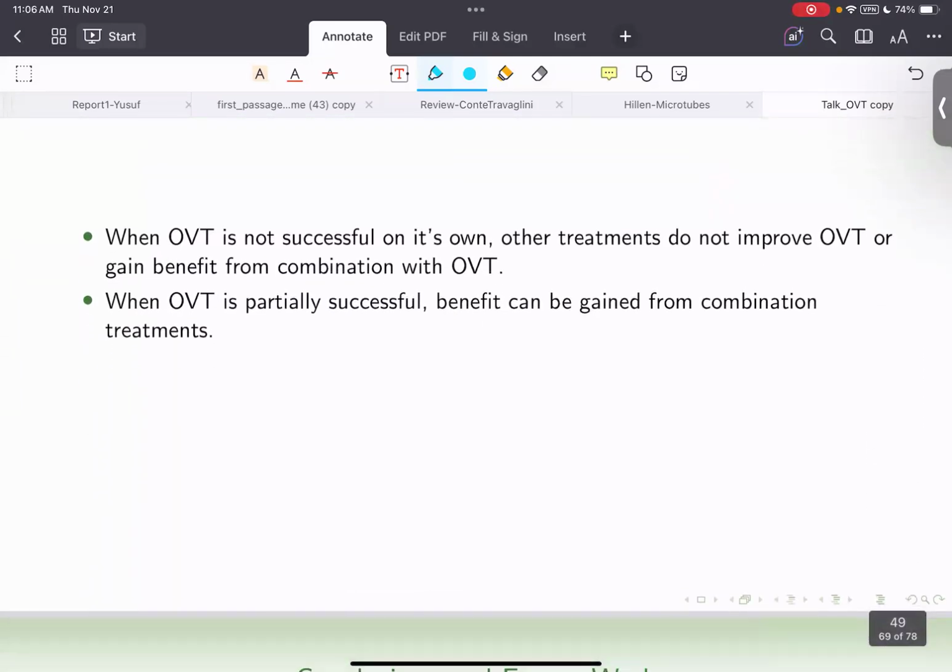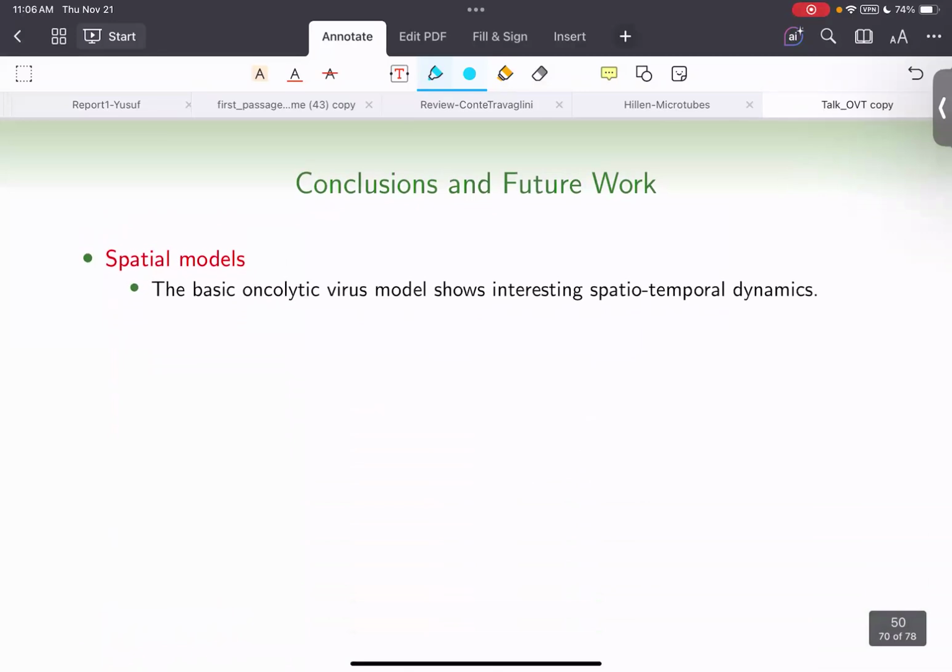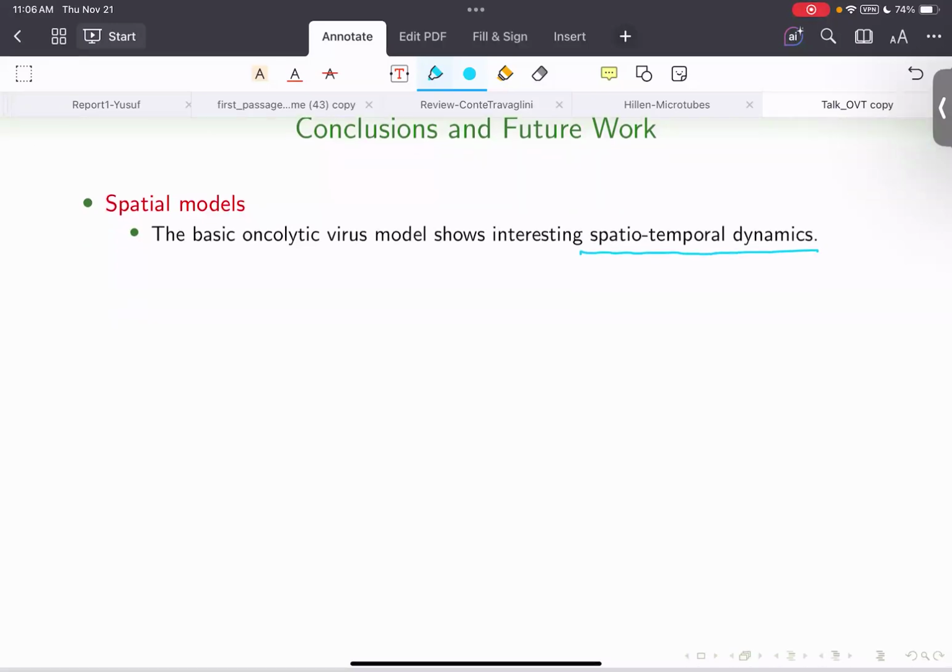Good. So this is coming to the end of this little presentation. So let me just summarize. First of all, the spatial model was super interesting because it shows interesting spatial temporal dynamics. And if you want to play around with a visual PDE, I recommend you to do that.